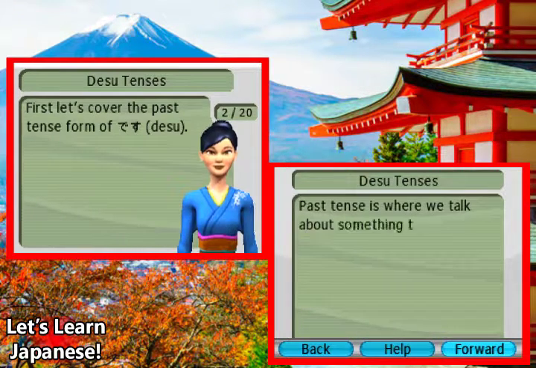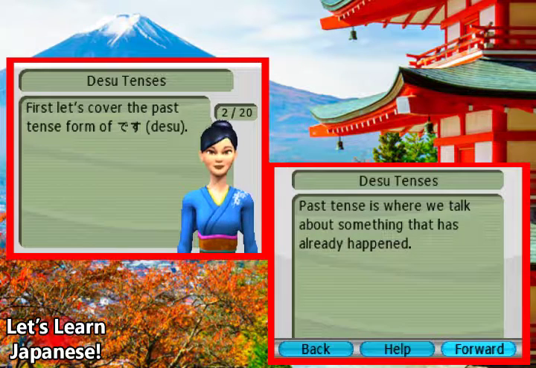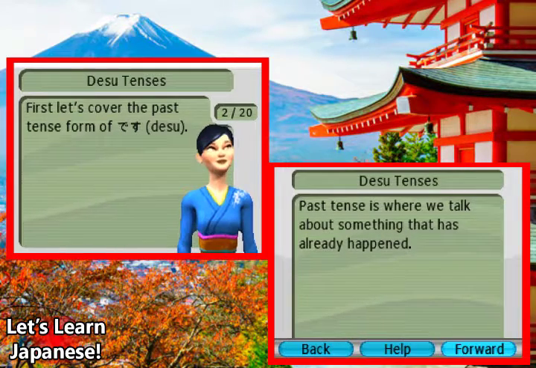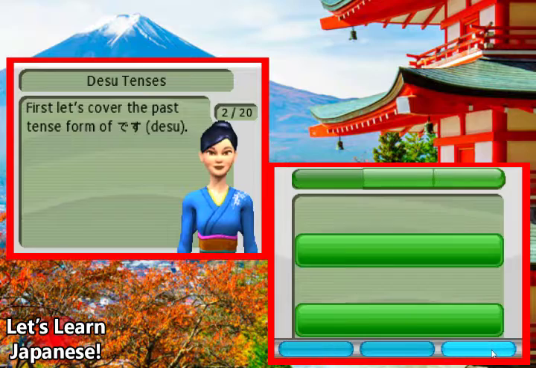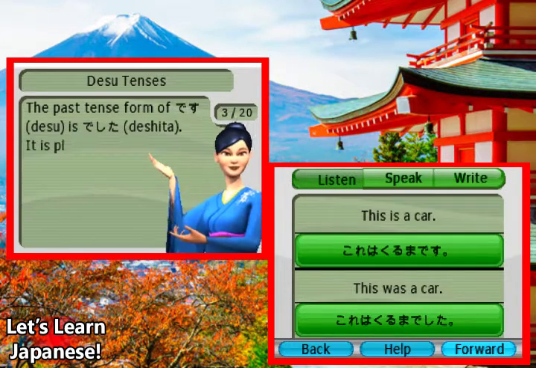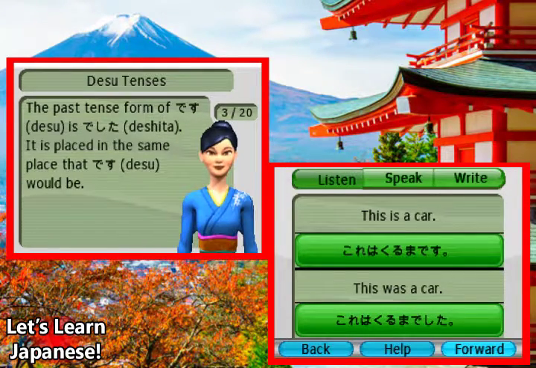Yeah, so tenses typically refers to, in English, past tense, future tense, and present tense. Those are the tenses, because that represents the whole spectrum of time. So past tense is where we talk about something that has already happened. The past tense form of desu is deshita. It is placed in the same place that desu would be.